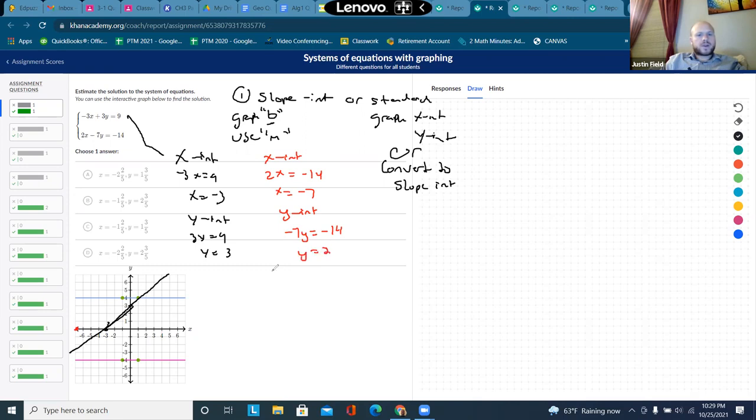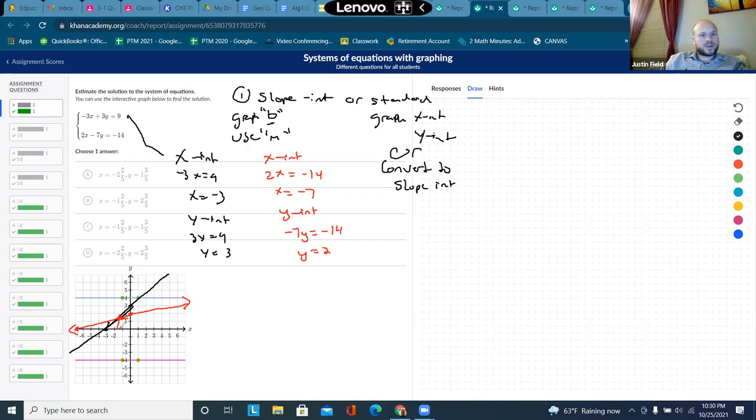So y equals +2. It's very important to be accurate with this and I'm doing the best I can here. We're going to say they intersect somewhere around there.